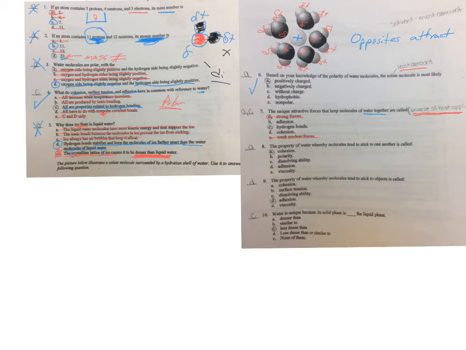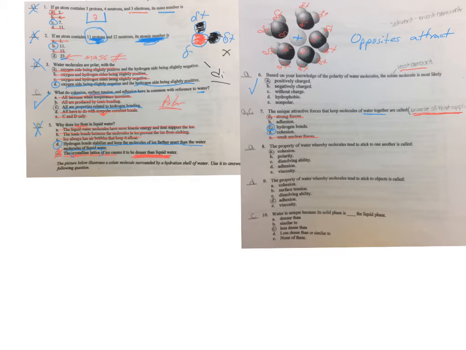Again, in all those resources I spoke about earlier, we talked about adhesion, cohesion, and hydrogen bonds, and hydrogen bonds are the reason you have adhesion and cohesion. So C is correct, and D is correct. Cohesion is when water molecules are attracted to water molecules.